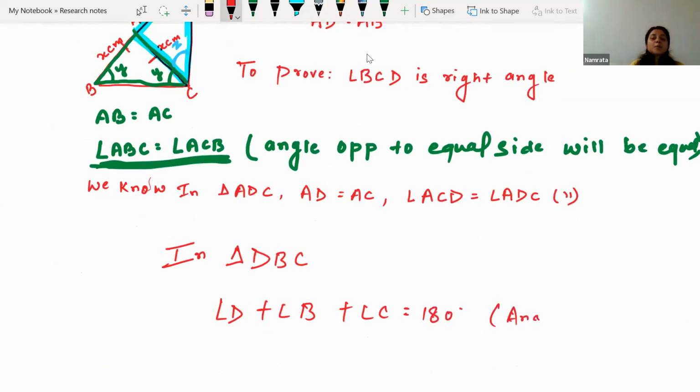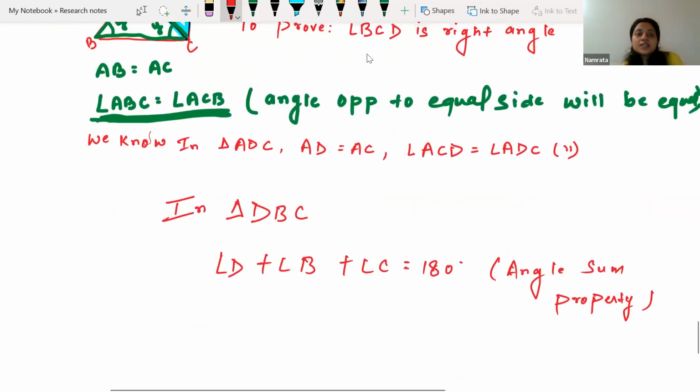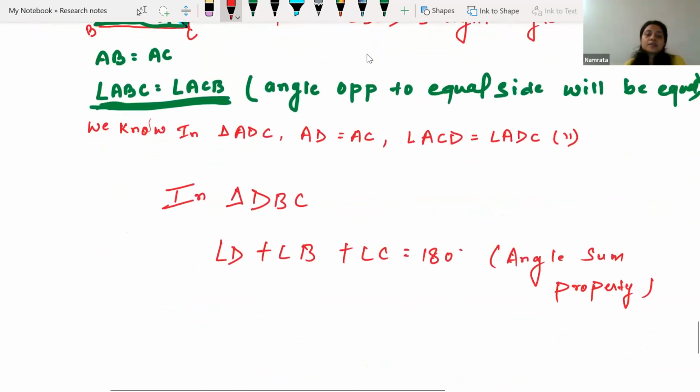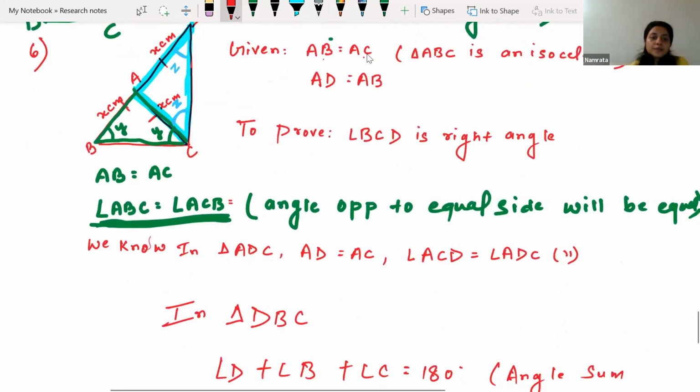From angle sum property of a triangle. Here I have assumed the green one was y and this other one is z.